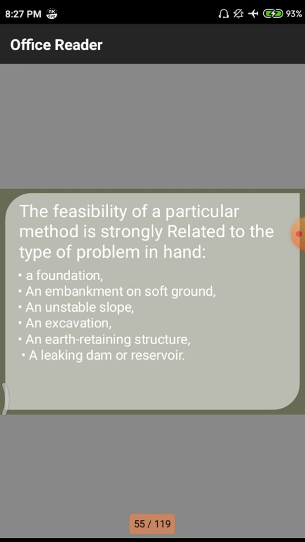The next one is the embankment on the soft ground. After the construction of the foundation is over, we need to level the surface by constructing a proper embankment. What is the purpose of the embankment? If there is no solid construction at ground level, water will flow over the soil. By the intrusion and extrusion of the soil, the foundation will be weakened, so we need to prevent water intrusion into the ground level.